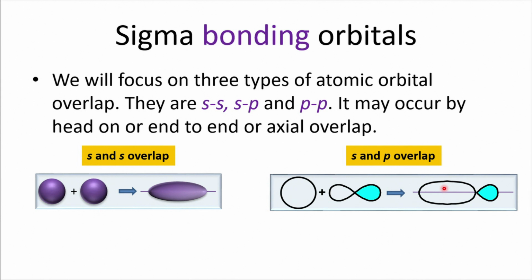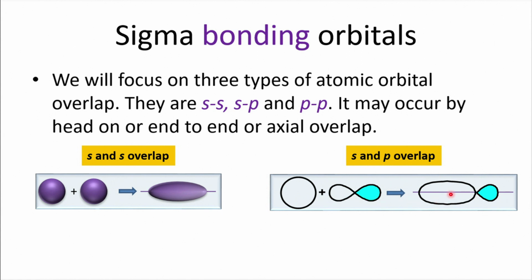Let us say I take the Z axis as the bonding axis, and let us look at the symmetry of this P orbital. This picture depicts the P orbital. This is symmetric with respect to rotation about the bonding axis. So, the constructive overlap leads to the bonding orbital as shown here.